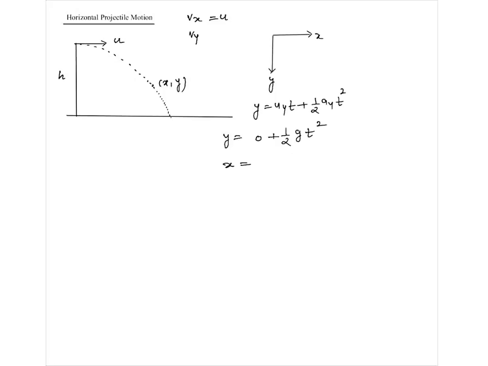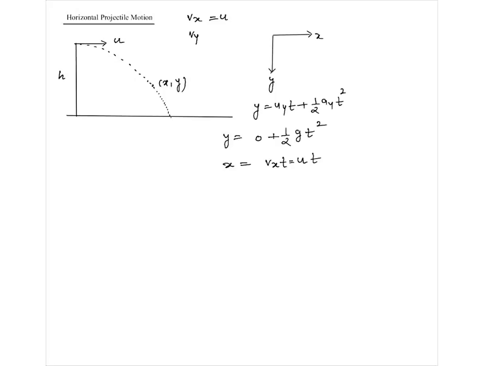Along x direction, there is no acceleration. So distance equal to speed into time type of thing. I can write Vx into t, but Vx is u, ut.